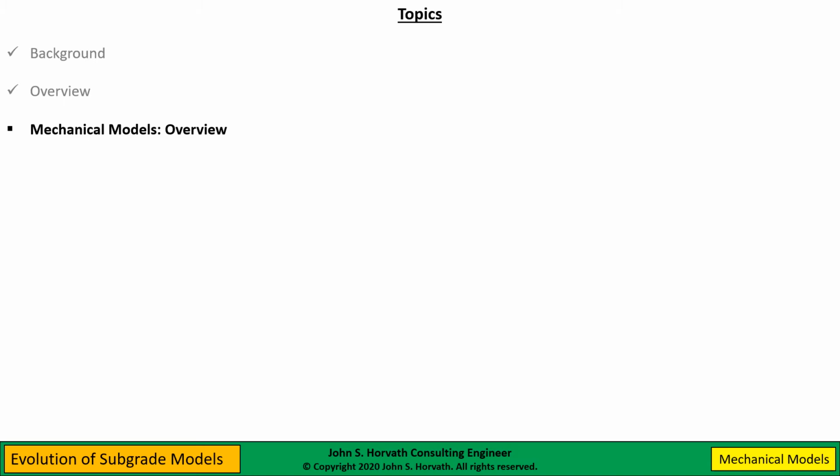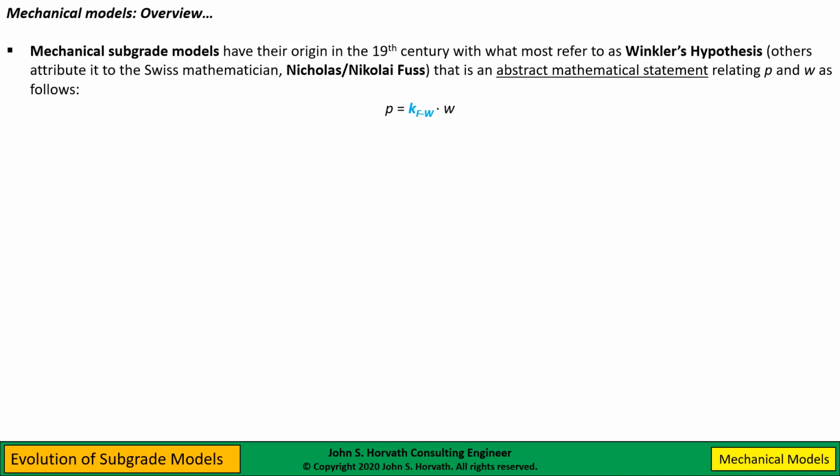Well, let's first start talking about mechanical models, which are certainly older. As I said, depending on whom you want to believe, they originated in the 19th century with either Winkler or Nicholas or Nikolai Fuss.